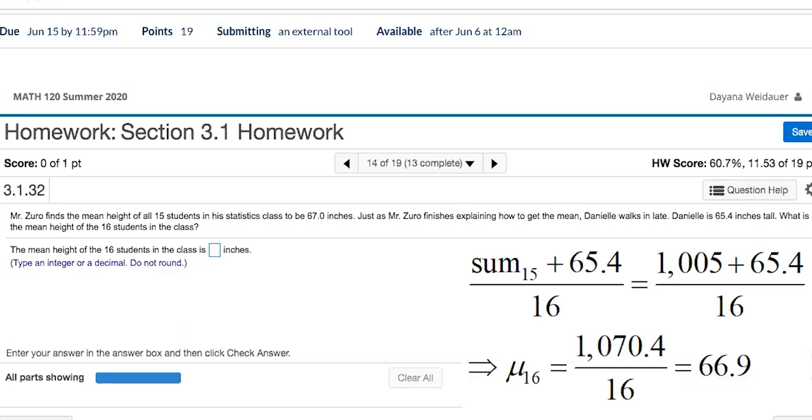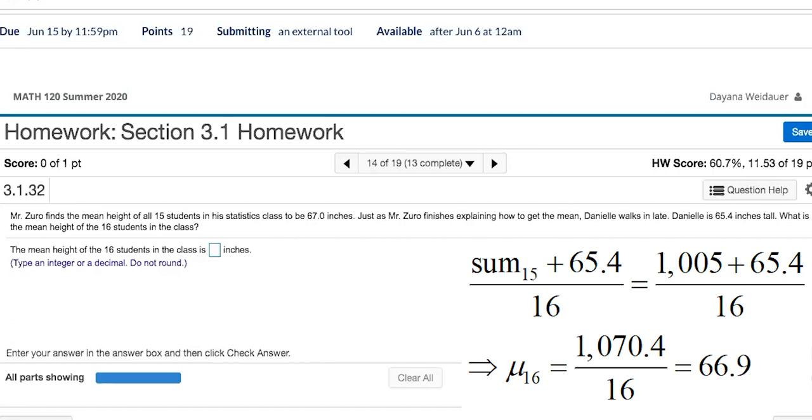So add that sum plus Danielle's height and then divide by 16. Because you have the sum of the 15 students, all of their heights, and when you add Danielle's height, you have the sum of all 16 students. That gives you the mean of the 16.